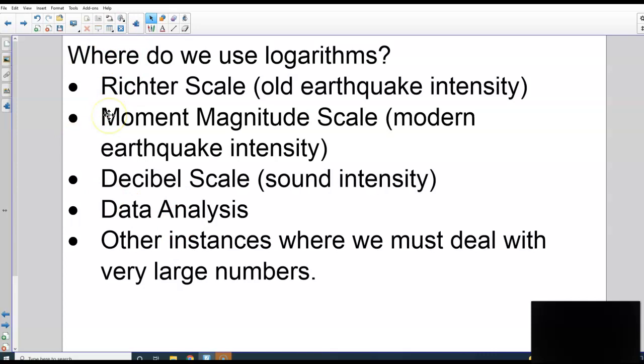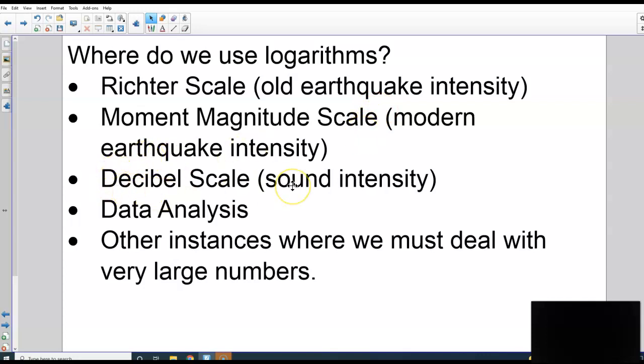Like whenever you hear that the earthquake in Haiti was a 7.2, in modern science they're using the moment magnitude scale, which people still a lot of times will refer to as the Richter scale, but it is actually different than the actual Richter scale. So I found that interesting. But they're both based on logarithms and they're similar. They just changed it some to make it more standard, I think, whenever they did the moment magnitude scale.